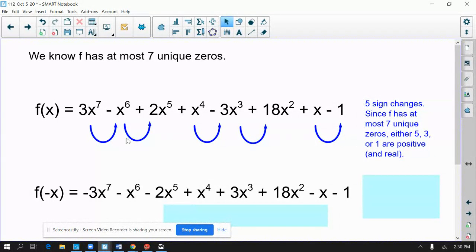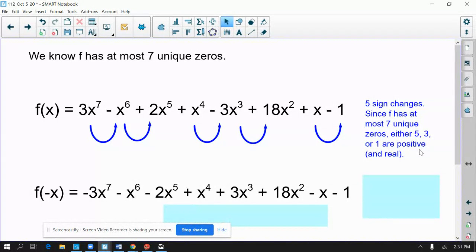So 5 sign changes, but then less that by any even number. So 5 minus 2 is 3, so there could be 3 positive real zeros, but then 5 minus 4 is 1, so there could be 1 positive zero. 5 minus 6 brings me -1, and I can't have a -1 amount of anything.